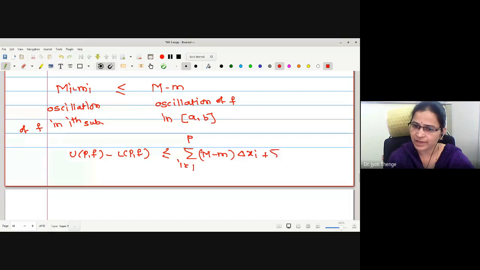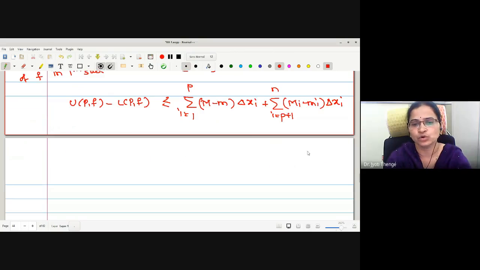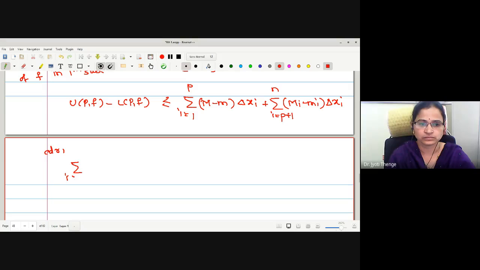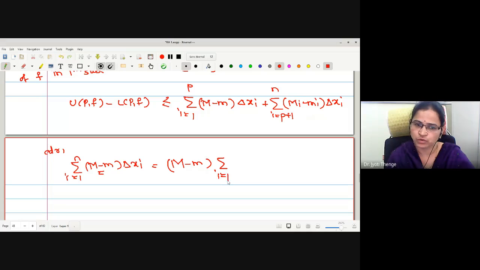Plus the second summation as it is, i equals p plus 1 to n of capital Mi minus small mi into delta xi. Now look at the first summation. As this term M minus m is independent of i, may I take it outside the sum? This is M minus m times summation delta xi.